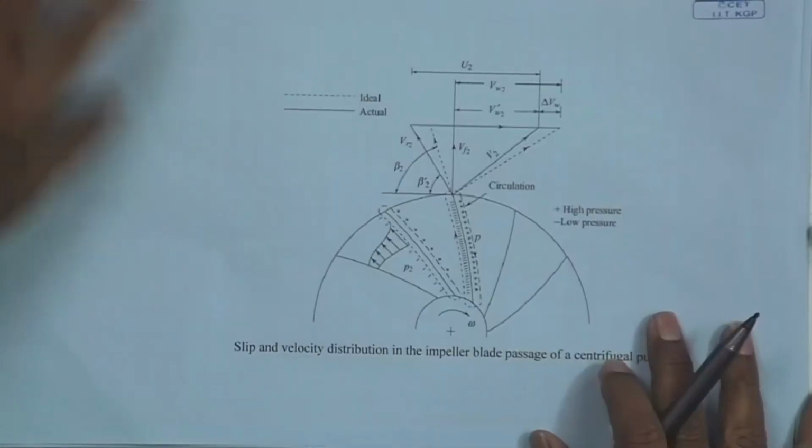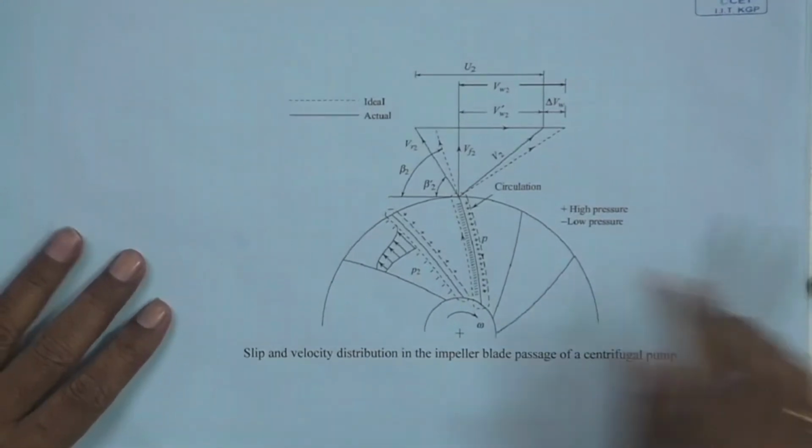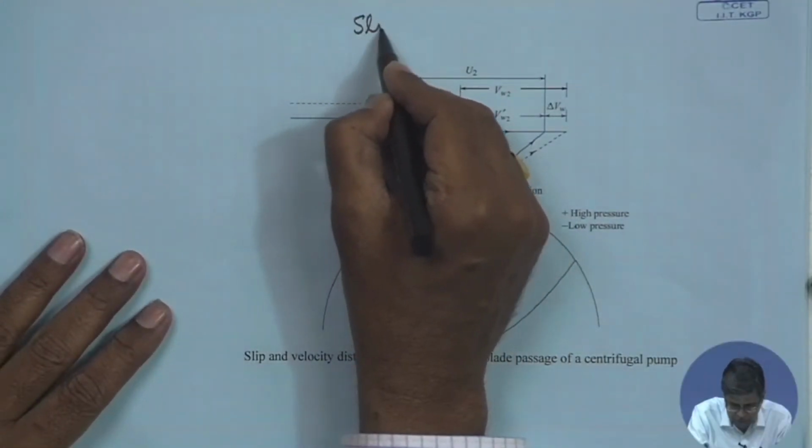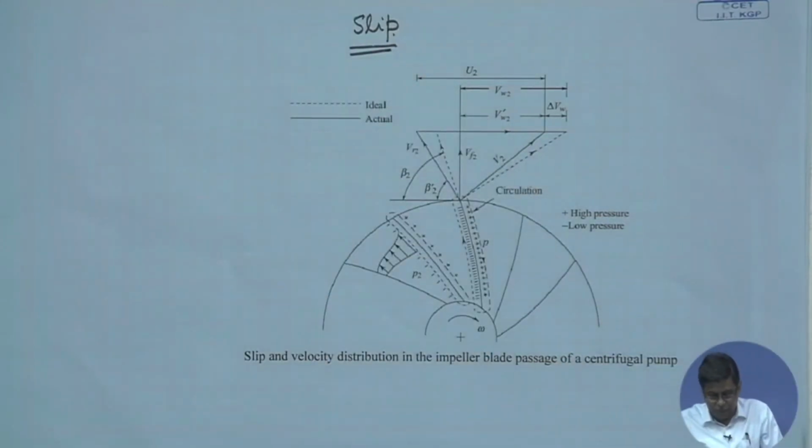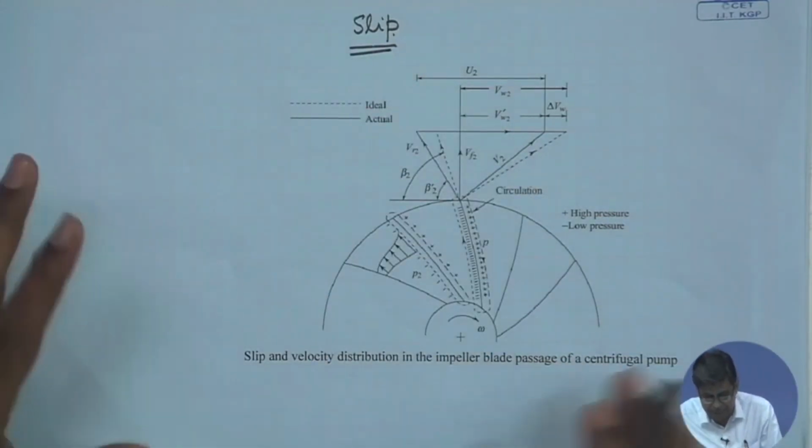Now, next I will tell you one very important phenomenon known as slip in centrifugal pumps. Before that, under many circumstances it is found that the velocity of flow, even at the design condition, does not match the blade outlet angle, and falls short of that.